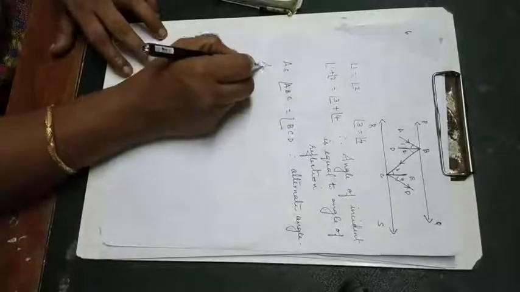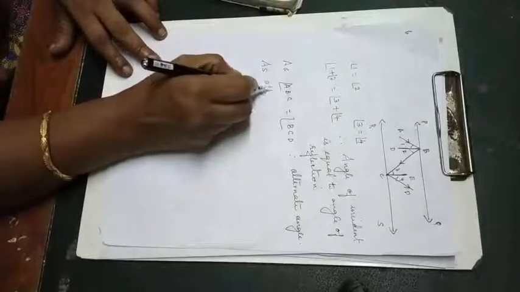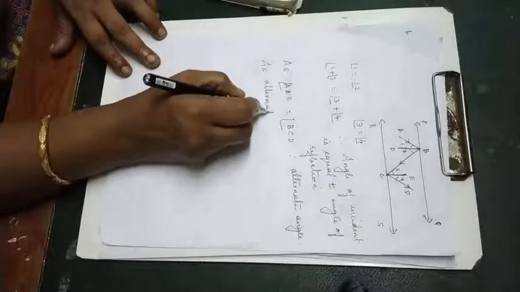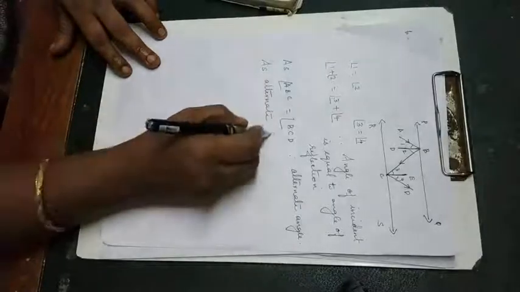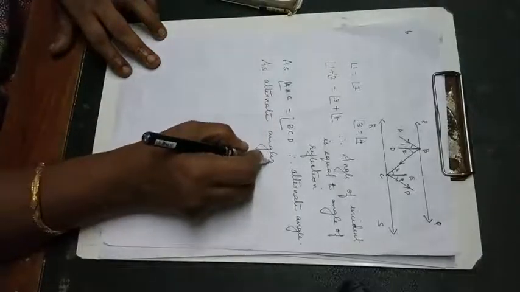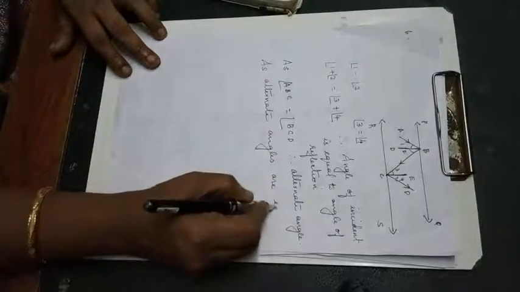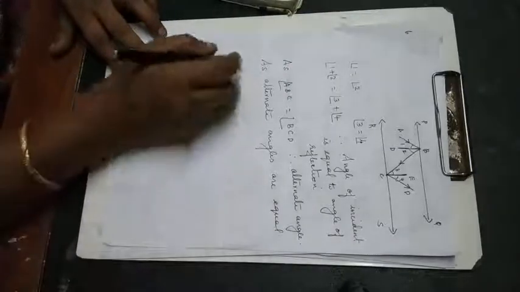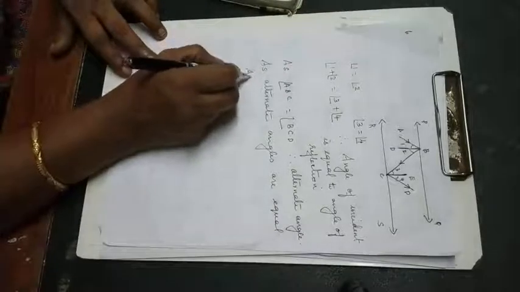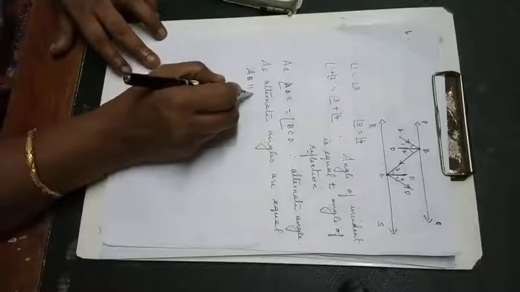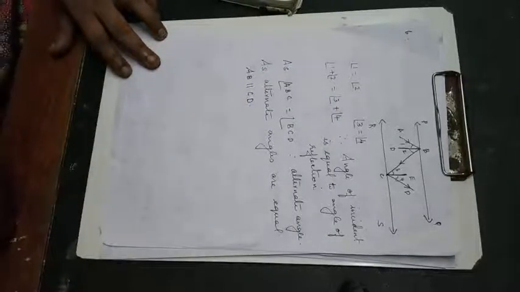So if alternate angles are equal, AB will be parallel to CD. Okay, so this is what we want to prove, that is AB will be parallel to CD.